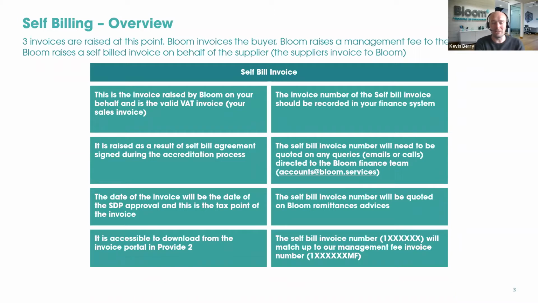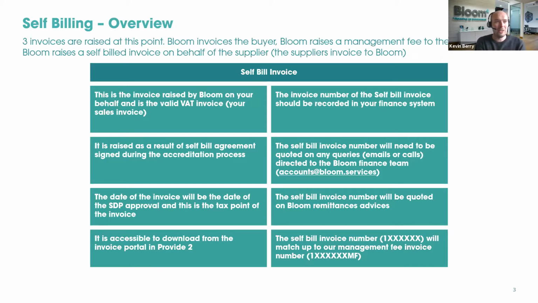And that agreement between the two parties is that essentially this document that Bloom generates becomes the valid VAT document for tax purposes. The invoice is downloadable from our platform, as Ben will demonstrate to you shortly.